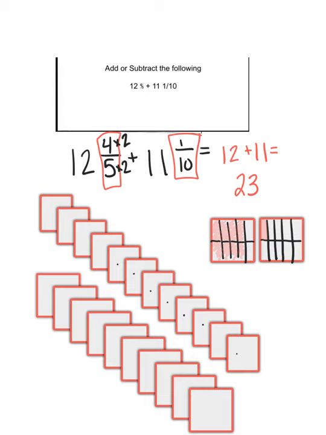So now, instead of 4 out of 5, I have 8 out of 10, and it's much easier to add my 1 out of 10 because I can just count them up. 1, 2, 3, 4, 5, 6, 7, 8, 9 tenths. So my total is 23 9/10.